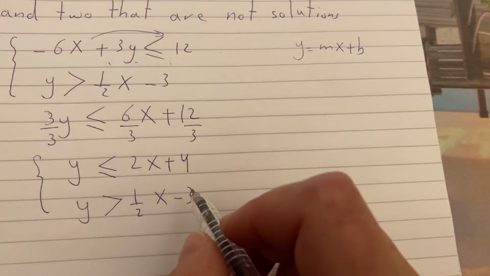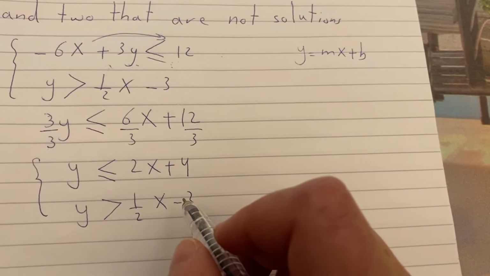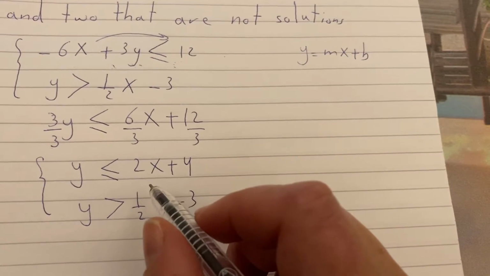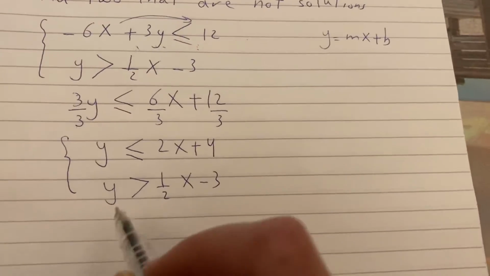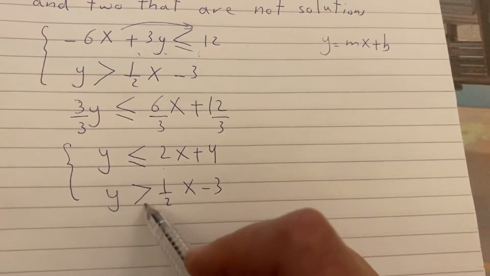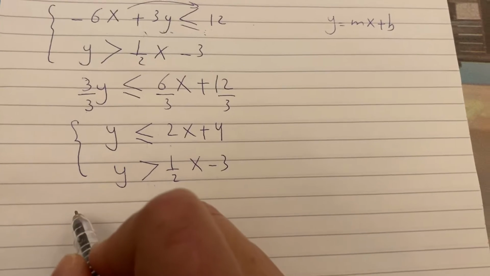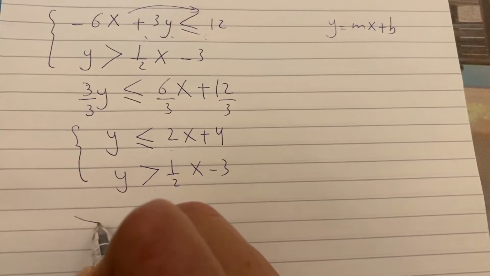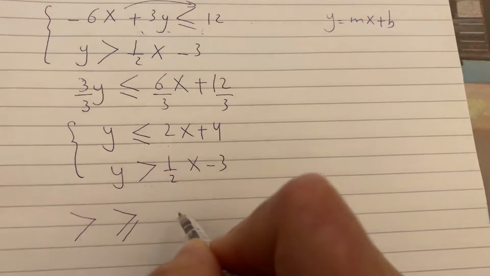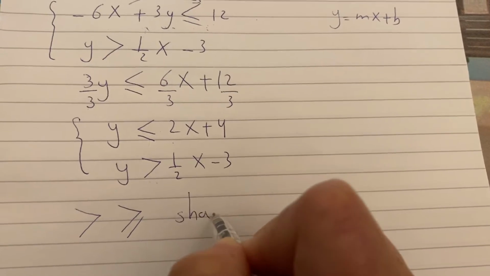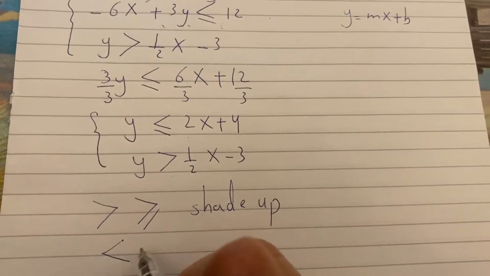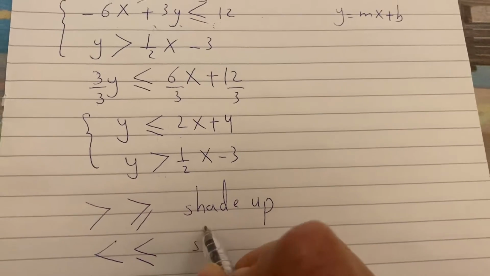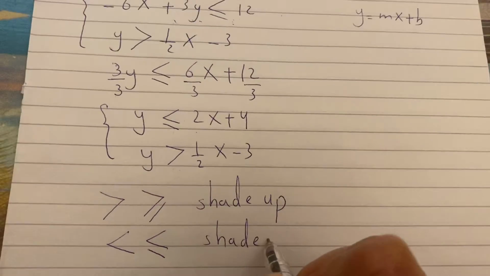Now I will go to the second step, which is graphing. But before I graph, I have to remember one thing, these symbols. Now, these inequality symbols, what about them? If I have greater than or equal, then when I shade, I will shade up. And if I have less than or equal, I will shade down.